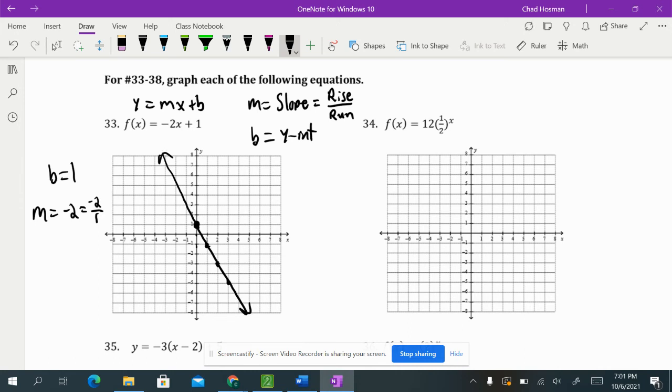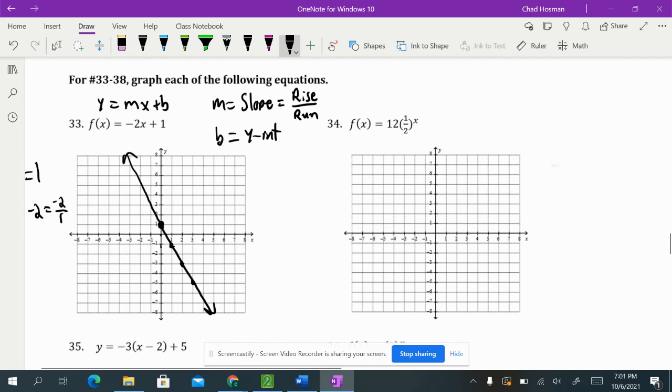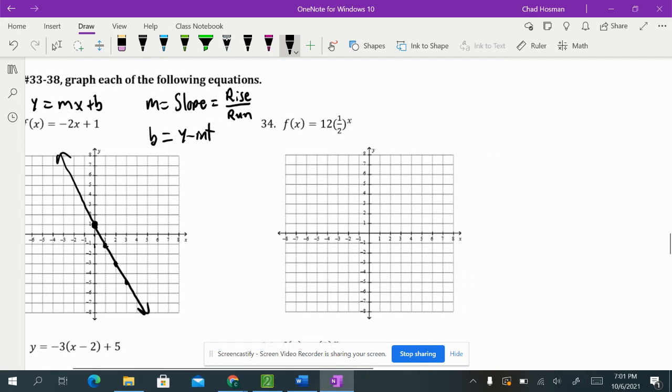All right, now 34 is a little different because it's exponential. So we know what it should look like. It should look like that curved line, but it doesn't really give us too much information right in the equation. So the best way to do this would be to make a table. And if you have your calculator, you can use your calculator to make a table, or we can just do it by hand.